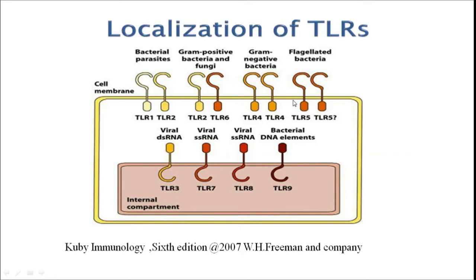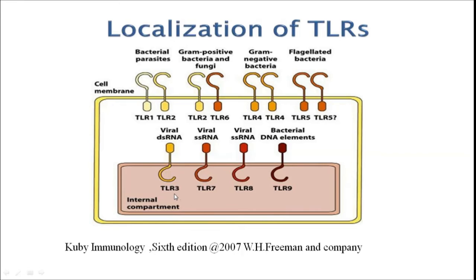Toll-like receptor 4 recognizes different components of gram-negative bacteria, while TLR5 is involved in recognition of flagellated bacteria. All these are cell surface toll-like receptors and therefore recognize different signature molecules present on the cell surface, while some toll-like receptors are present within the intracellular compartment.